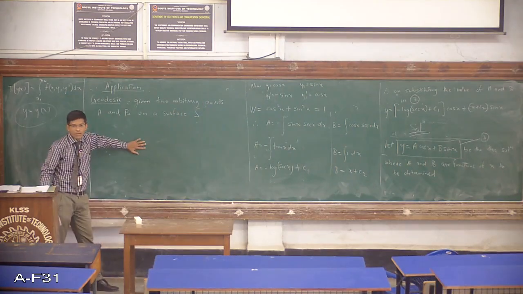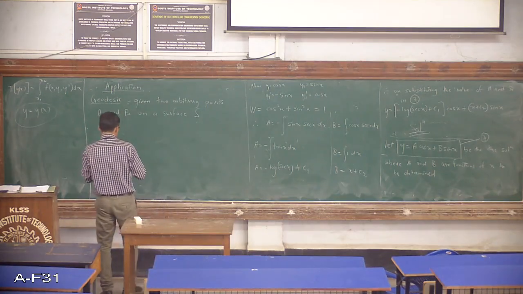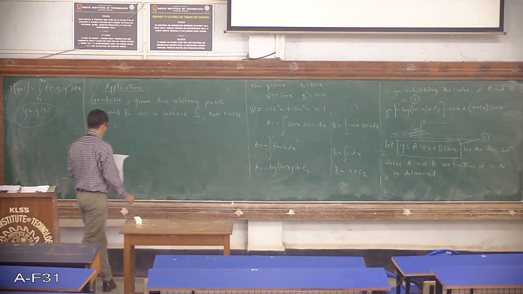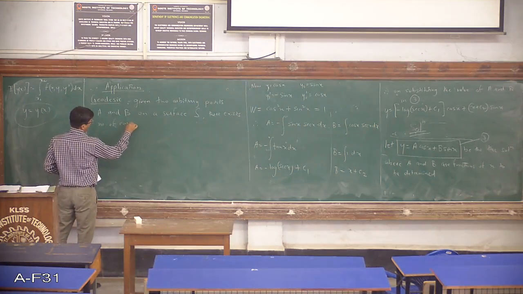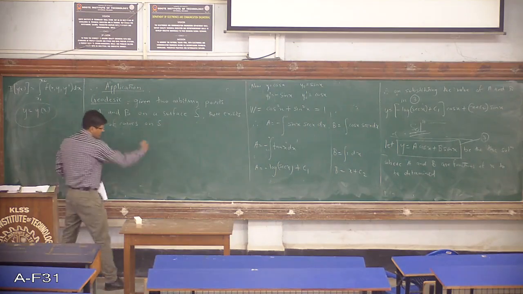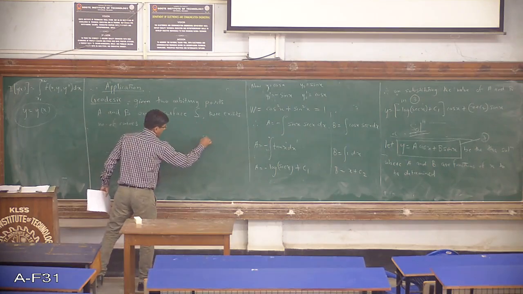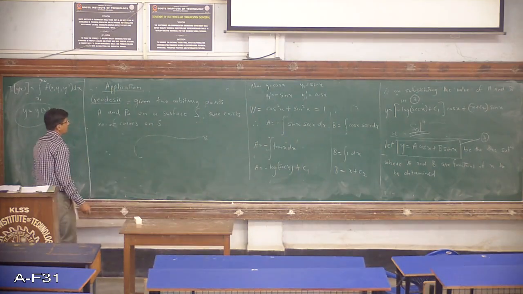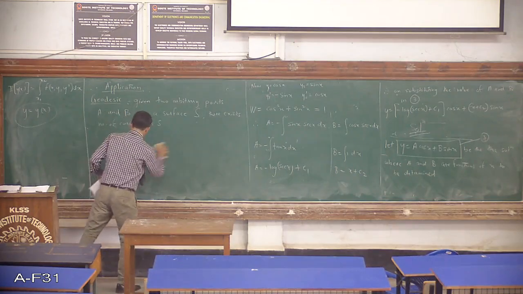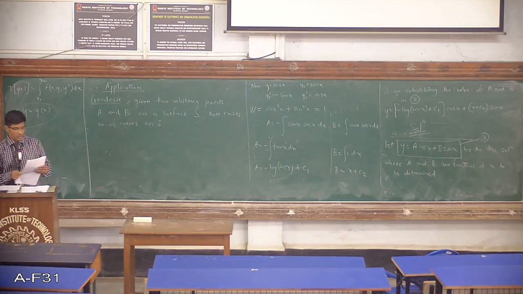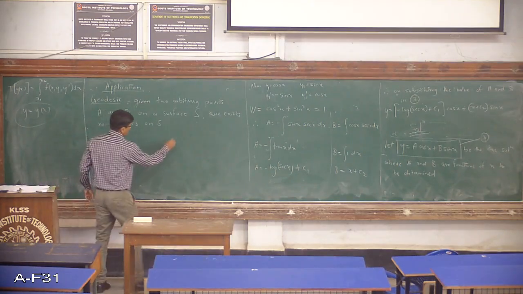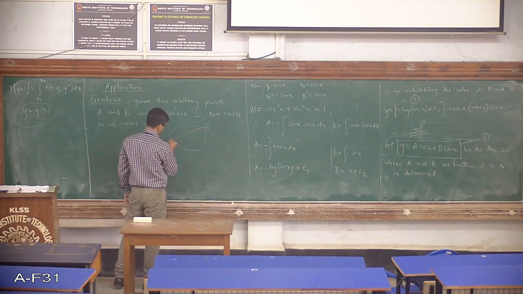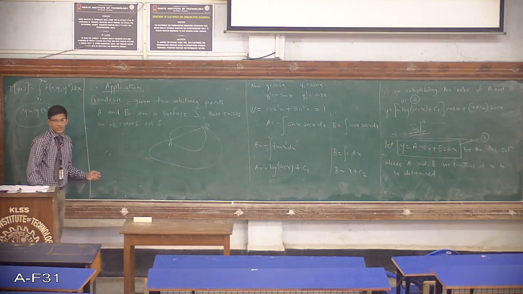You can consider this blackboard as your surface and take 2 points, and there exist a number of curves on S. If this blackboard is my surface and I take any 2 points, you can take this path, or this path, and then come to B. Of these curves, from here to here, anywhere, which is the least one?